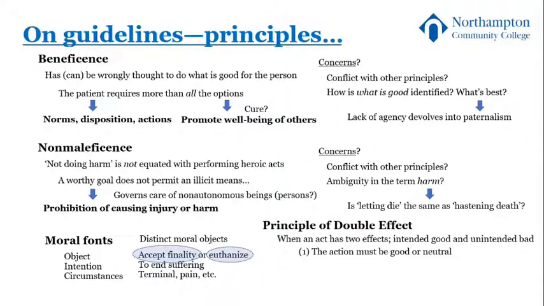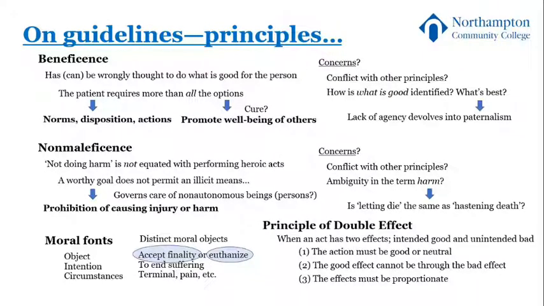Okay? Now, before we start to have wild scenarios in our head, the good effect cannot be through the bad effect. In other words, my self-preservation may have persisted because that individual is bad, but just killing that person does not give me life. Okay, it was only necessary for me to maintain that life that I have, and it must be proportionate.